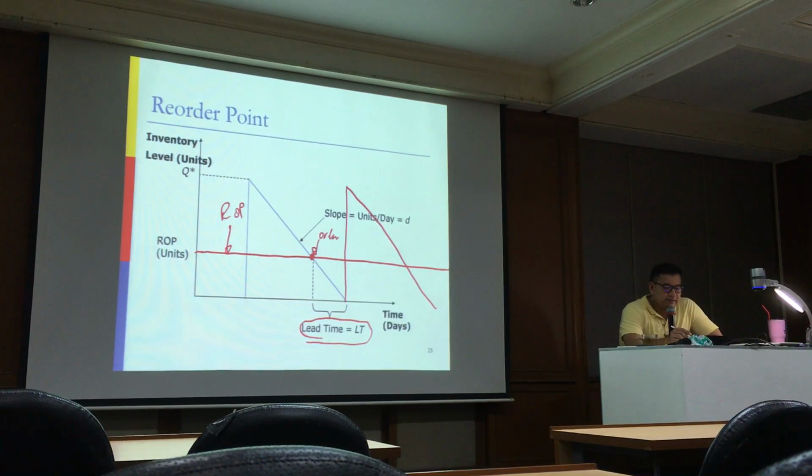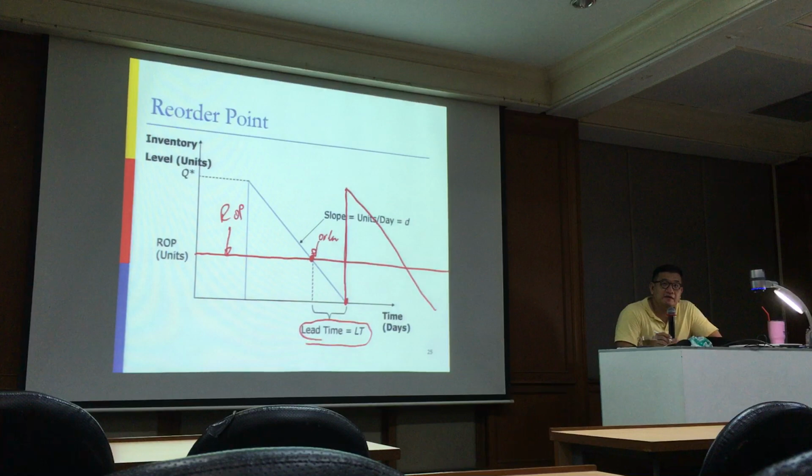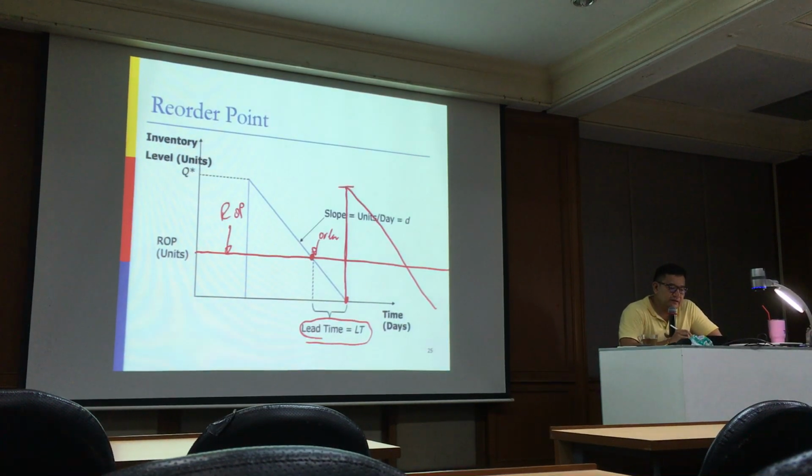And once the time equals the lead time, the inventory level can be 0, and then we immediately receive the order that we had made, right? So the level of inventory is going up to Q again. So this is what we studied last week.